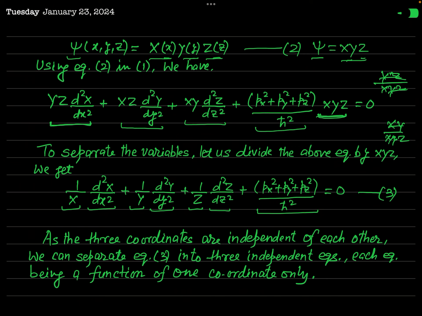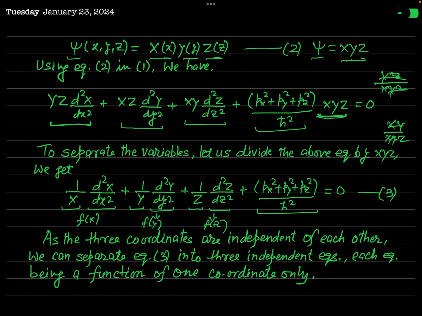Now you can see that the first term is only a function of x, the second term is only a function of y, and the third is only a function of z. The fourth term can be broken into x, y and z components. So now the variables are separated. The three coordinates x, y, z are known as independent variables, completely independent from one another.